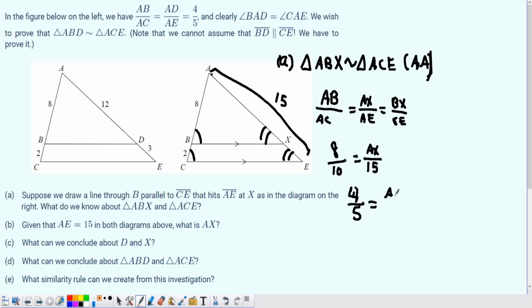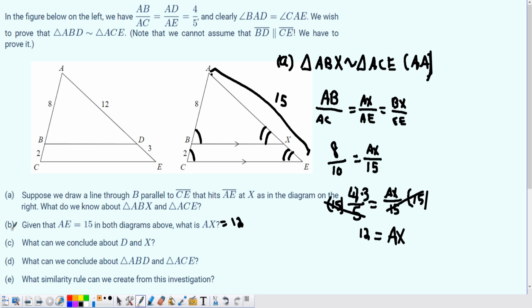And AX over 15. To get AX by itself, multiply by 15 on both sides. Now, 15 divided by 5 is just 3. So that lets me know that AX is 12, because 4 times 3 is 12. So that would be the answer to part B, 12.